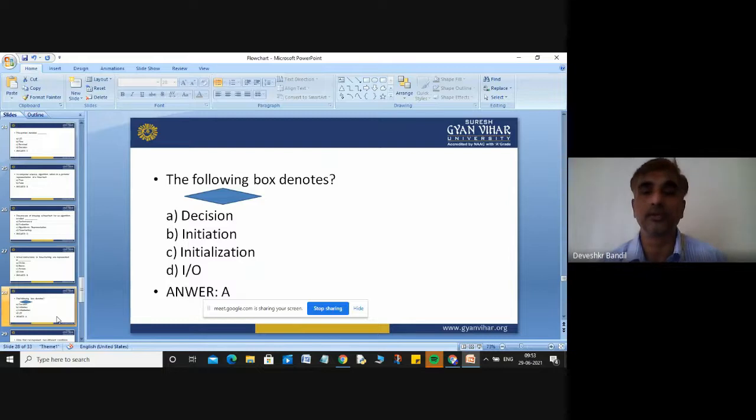This is your decision. The box denotes decision, initiation, initialization, and input output. I already discussed that when you want to take a decision, always your decision is mentioned in the diamond shape.